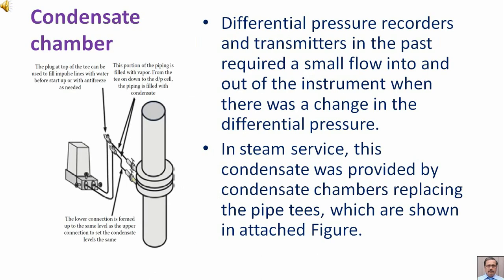Condensate chamber. Differential pressure recorders and transmitters in the past required a small flow into and out of the instrument when there was a change in the differential pressure. In steam service, this condensate was provided by condensate chambers replacing the pipe tees, which are shown in the attached figure.